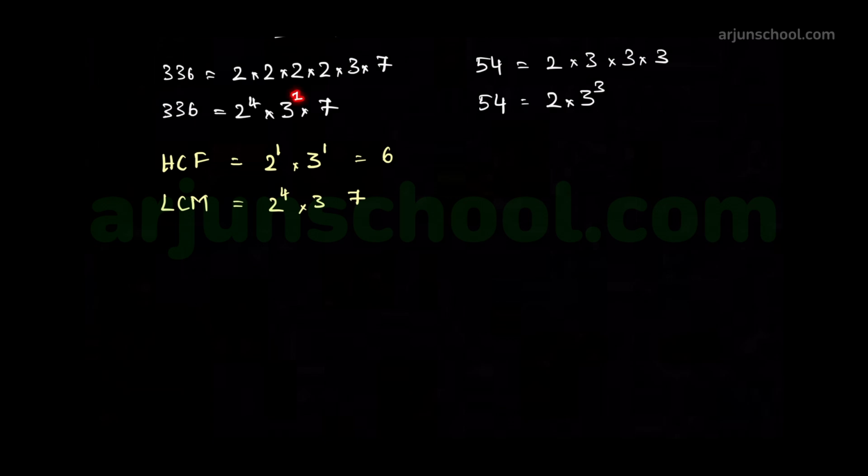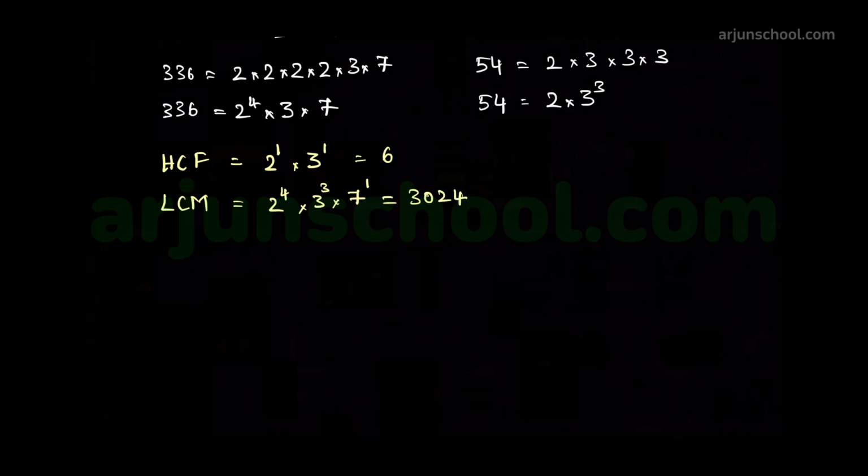It is 3 from 54. And what is the highest power for 7? It is 1 from 336. Therefore LCM is equal to 2 power 4 into 3 power 3 into 7, which is equal to 3024.